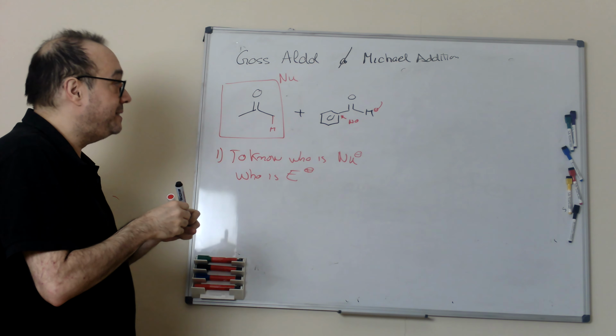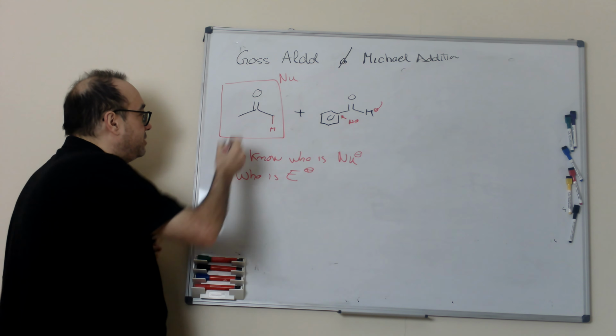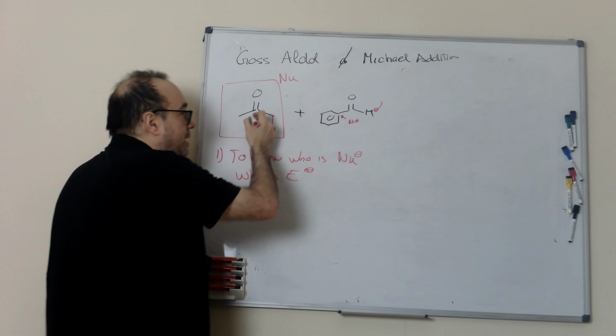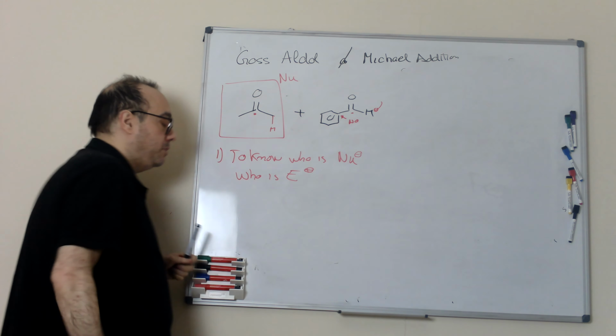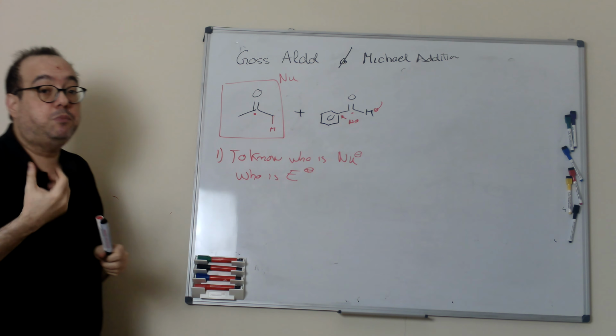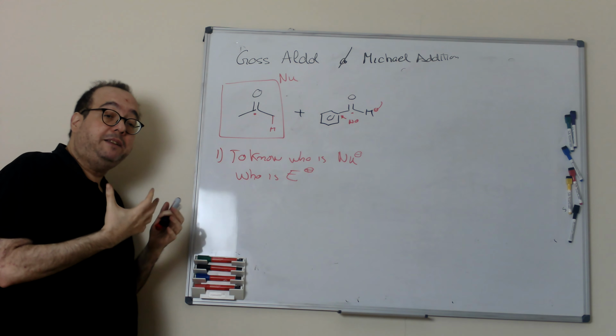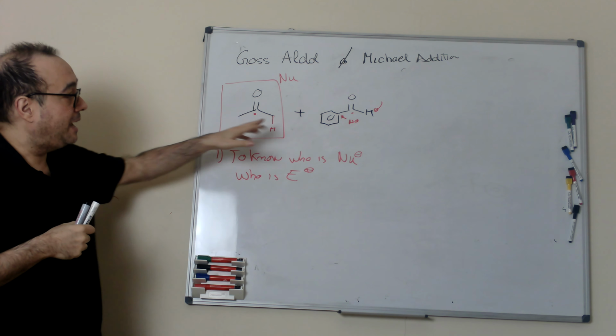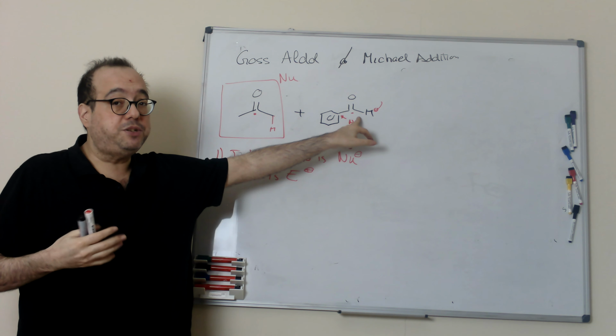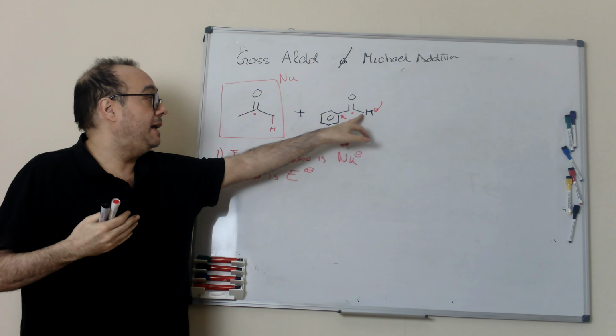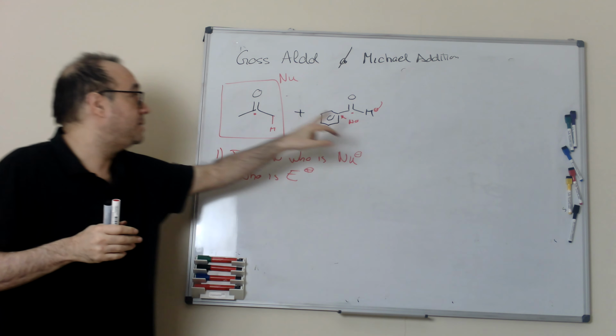And electrophiles basically are carbonyl compounds. I mean, this carbon could be, and this carbon could be. But we know, by basic reactivity, that an aldehyde is always more reactive toward nucleophilic attack than a ketone.